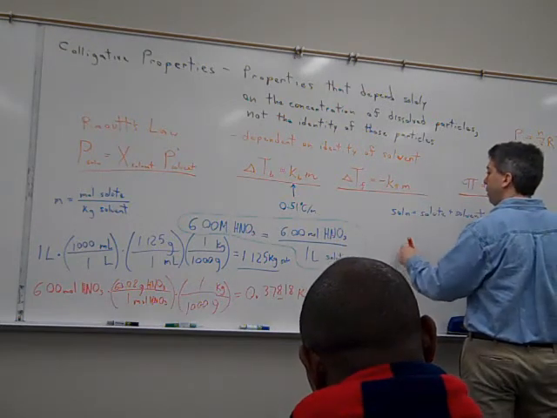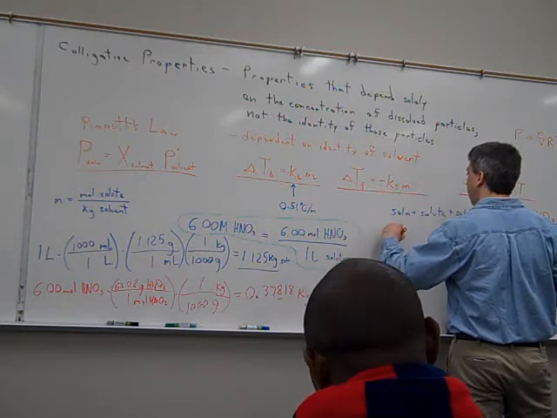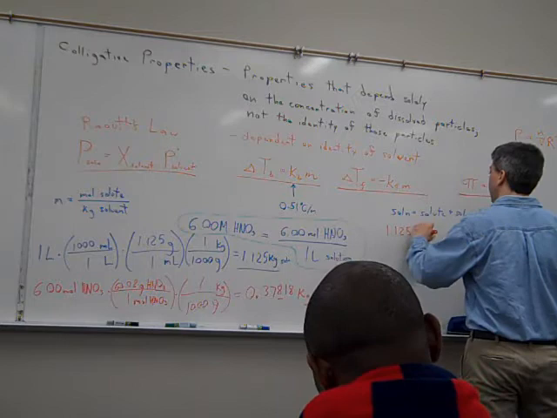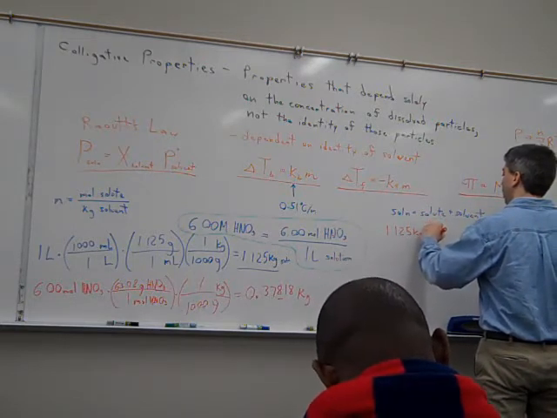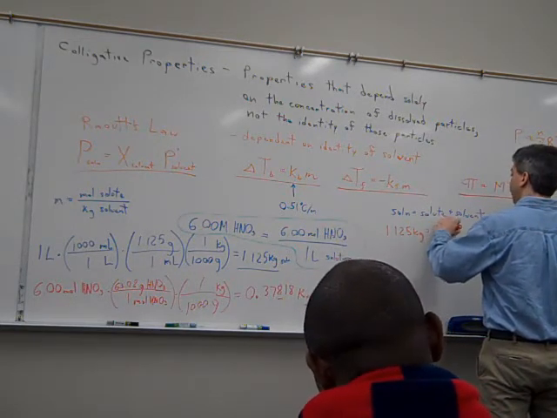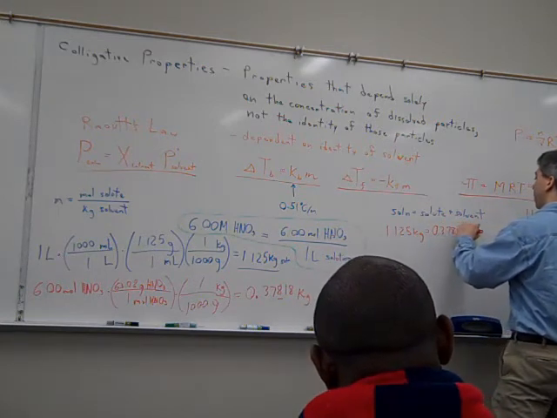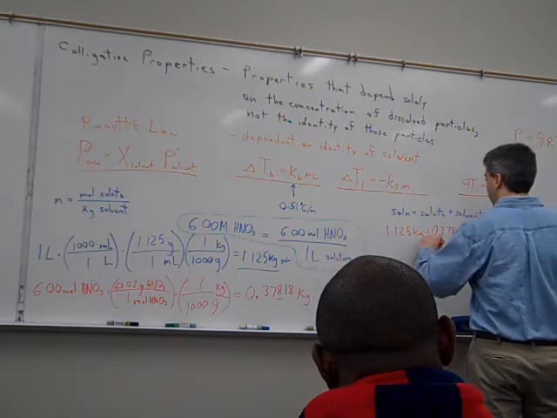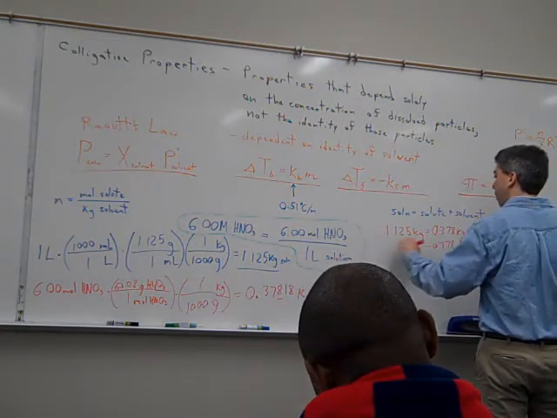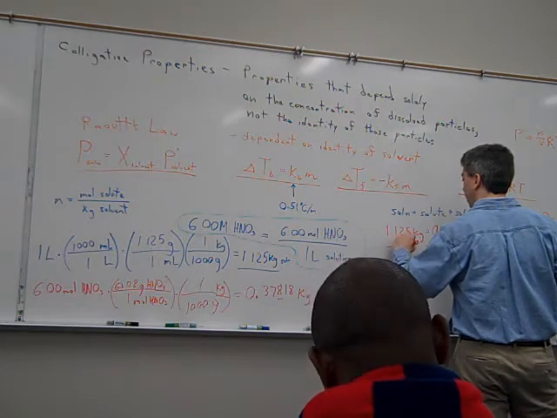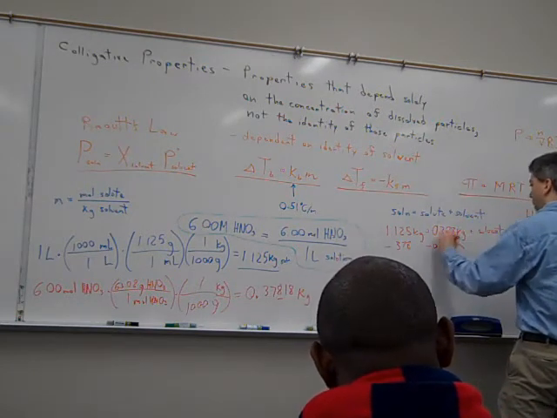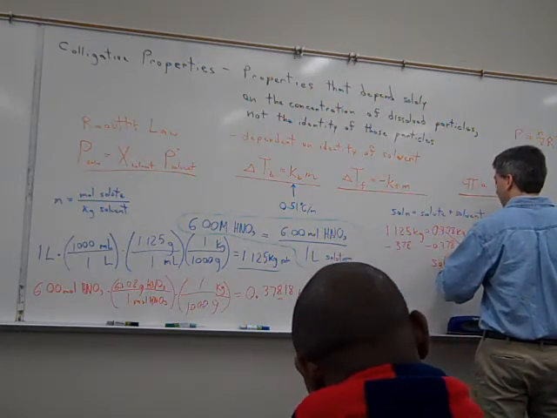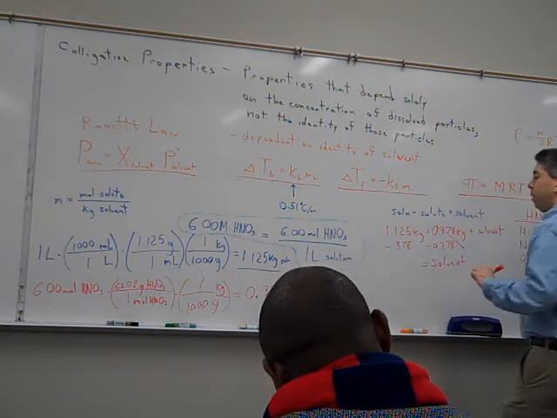So now I can plug this into my equation. 1.125 kilograms of solution is equal to 0.378 kilograms of solute plus the solvent. Subtract 0.378 from both sides, and I get my solvent mass, which is what?